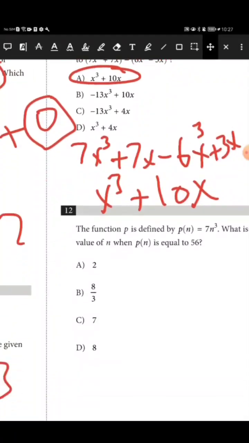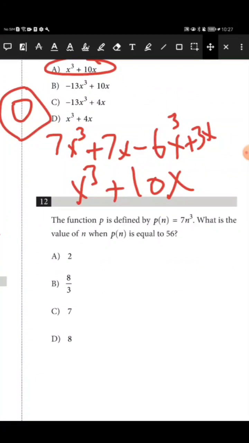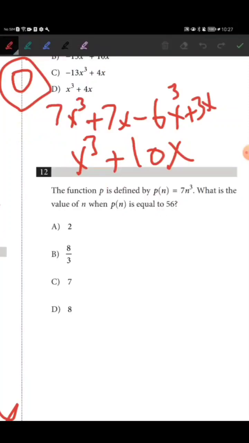Now moving on to question number 12. The function p is defined by p of n equals 7n to the power 3. What is the value of n when p of n is equal to 56? So 56 equals 7n to the power 3.